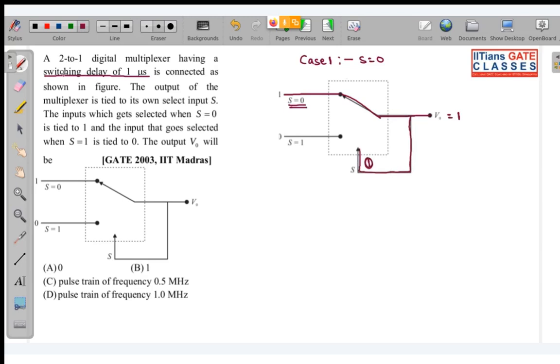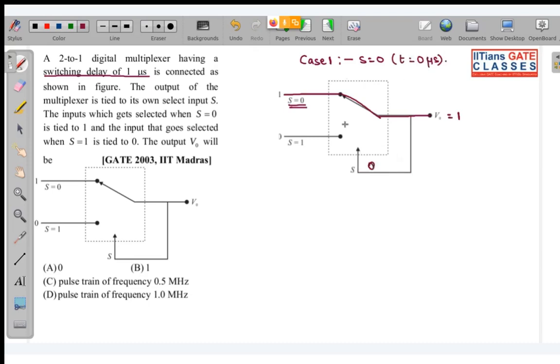But here you can see there is a switching delay of 1 microsecond. The moment this output goes to 1, after 1 microsecond, see, at 0th microsecond, this circuit starts. At 0 microsecond, S is equal to 0.